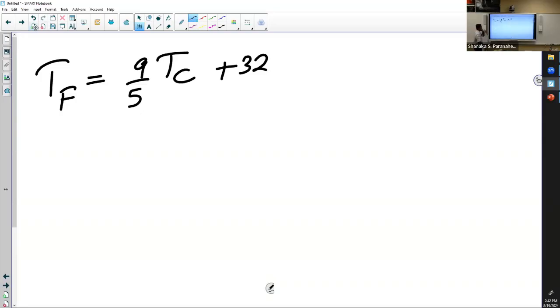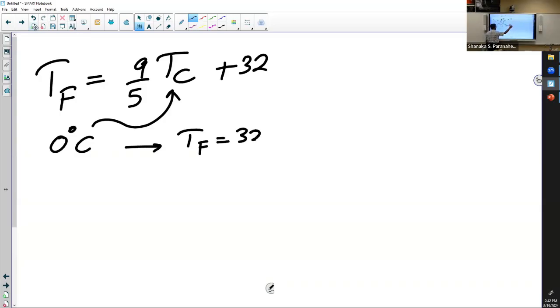As an example, for 0 Celsius, we can substitute 0 into this. This part is going to be 0, so the Fahrenheit value is going to be 32.